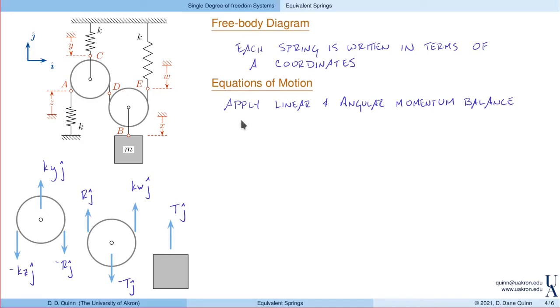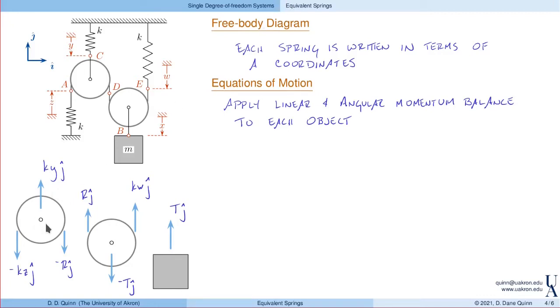And it doesn't matter if it's a pulley or if it's the block. The equations of motion and the laws of mechanics, momentum balance, has to be satisfied for every object, for every part of every object. Right? So even though this pulley is massless, it still has to satisfy momentum balance.